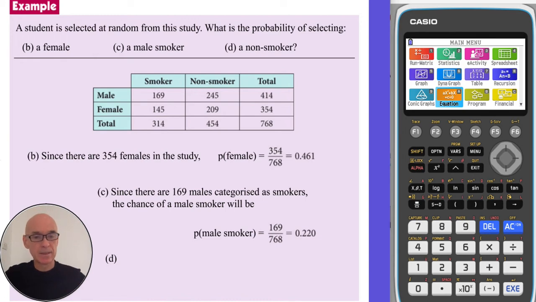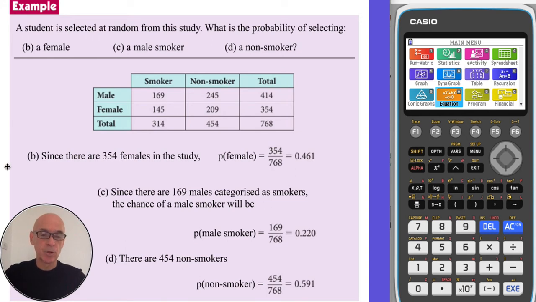So the probability will be 169 over 768, which is equal to 0.220. In part D, the probability of selecting a non-smoker, we identify that there are 454 non-smokers. So the probability is 454 over 768, and that's equal to 0.591.